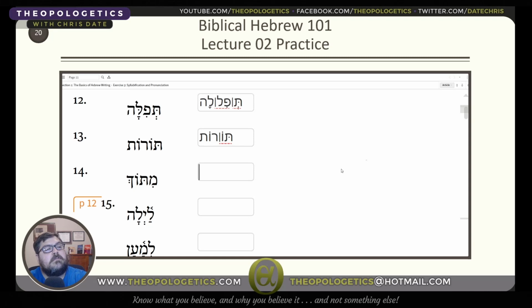Mitoch. So the mem and the hirek, we know, is the beginning, at least, of the first syllable. The next consonant has a dagesh in it, and the tav is a begad kafat consonant. So is this a dagesh lena, or a dagesh forte? It's not at the beginning of a word. It's following a vowel, not a consonant sound.